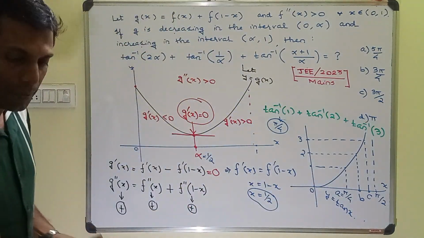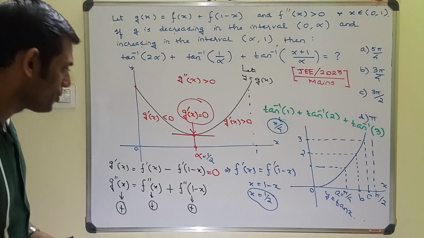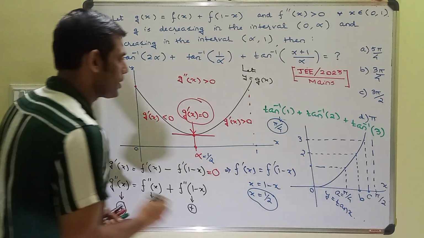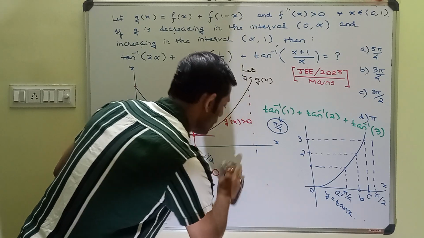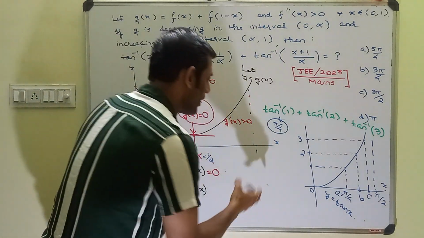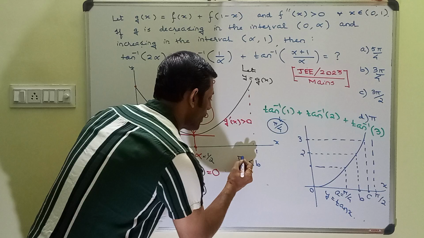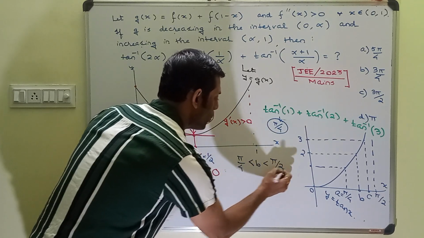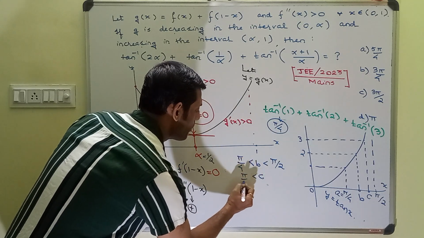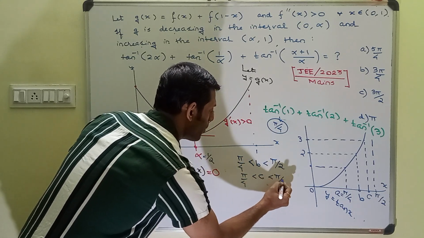So here we begin with a simple calculation, and the calculation says that your B value is greater than pi by 4 and less than pi by 2. C value is greater than pi by 4 and less than pi by 2.